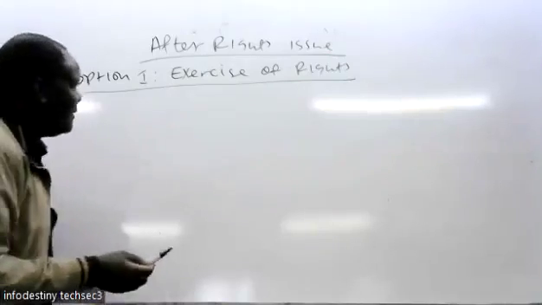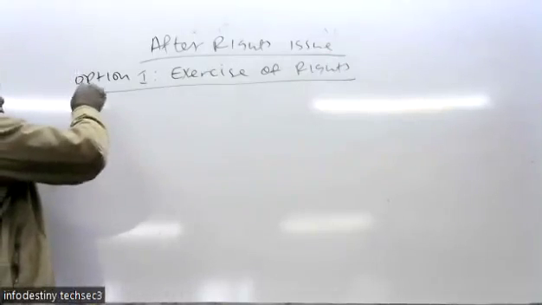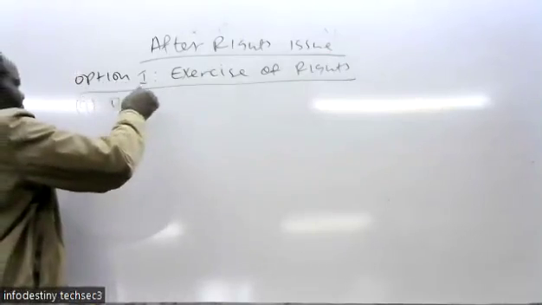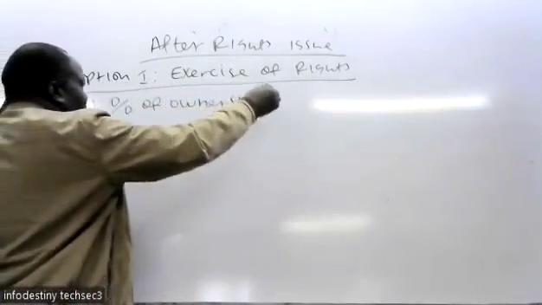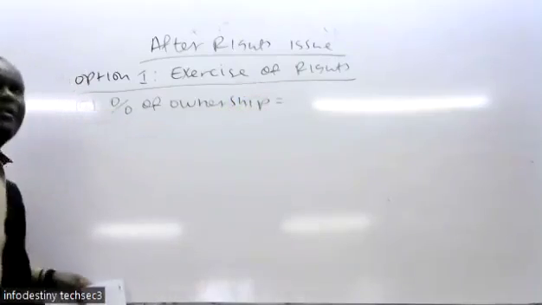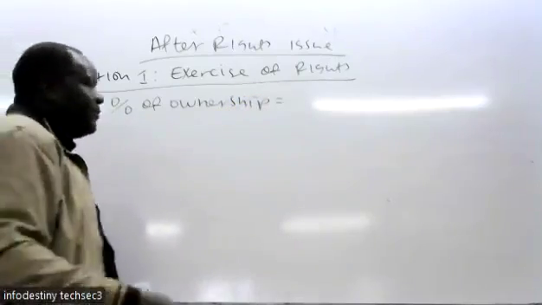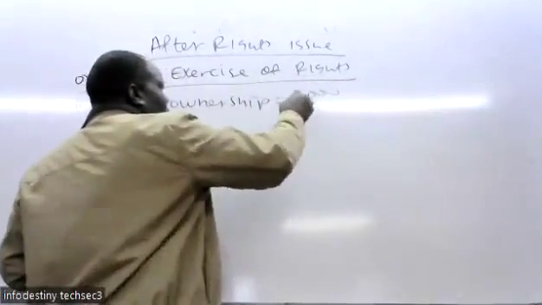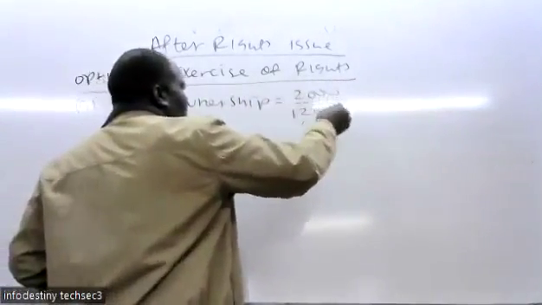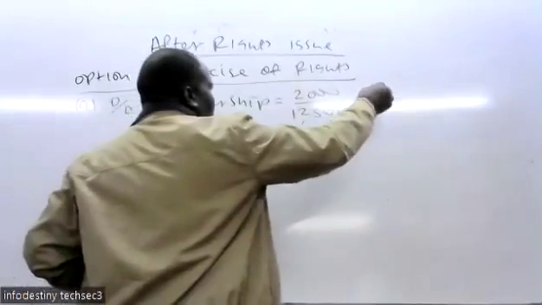So under the exercise of the rights, we start again with percentage of ownership. After the rights issue, the investor has 2,000 shares, but total shares in the firm is 1.25 million shares.